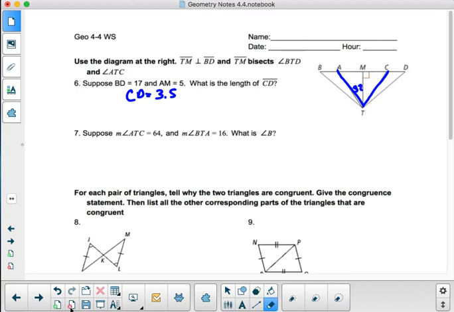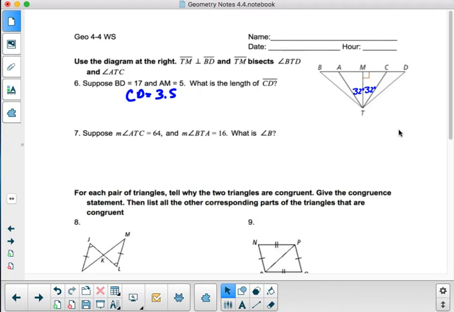So this is 32 degrees. I'll make it smaller. I know this is 32 degrees, and now this is also 32 degrees. Let's clone that, because we know this is also 32 degrees there.